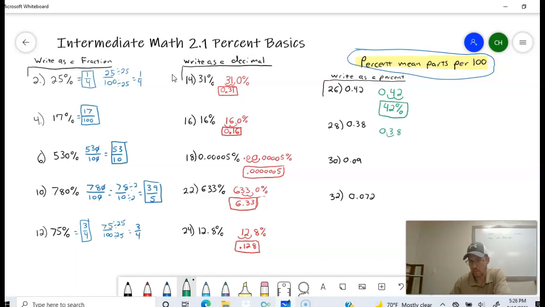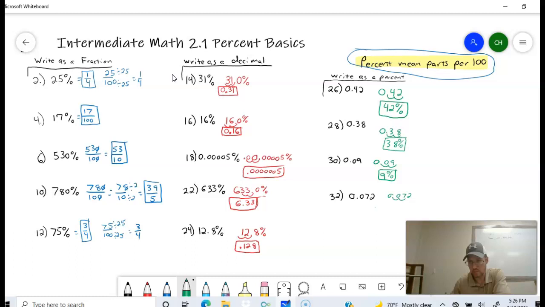0.38, 12.38. Nope. Just 38%. 0.09. Move it 2 places to the right, and I'm going to get 9%. 0.072.